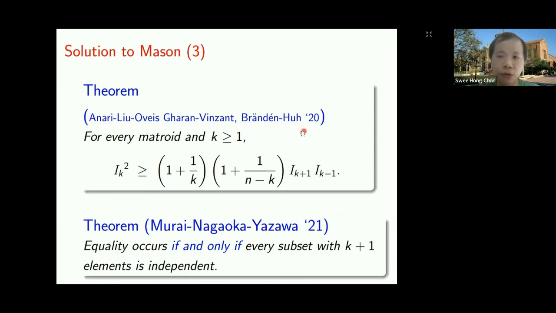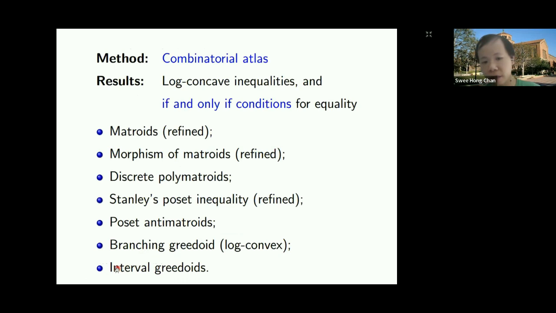Because of doing that, one thing that can be achieved, that I don't know can be done by Lorentzian polynomials, is that it allows us to do things on directed versions of many of these results. That is actually why we can achieve things on interval greedoids, because in a way a greedoid can be thought of as a directed version, or directed generalization, of a matroid.